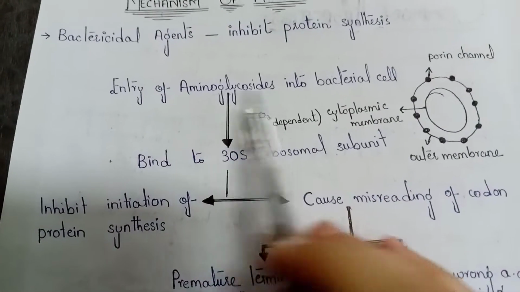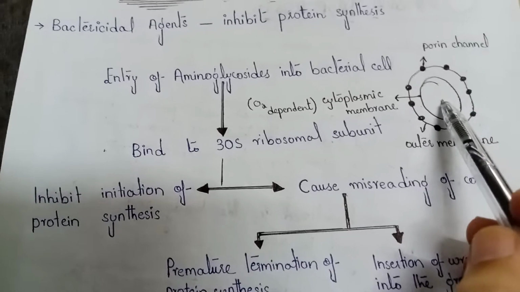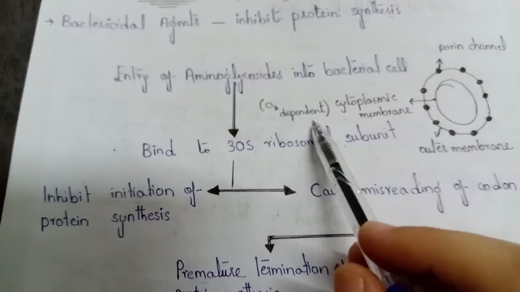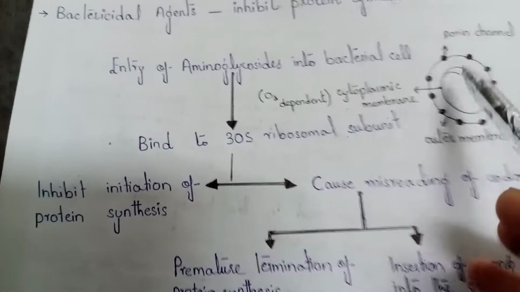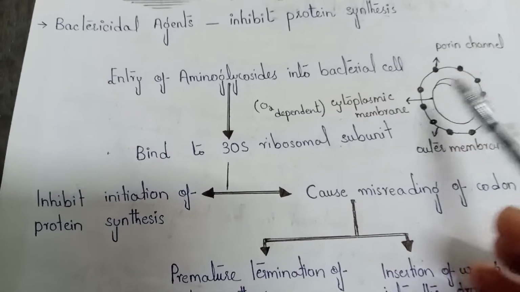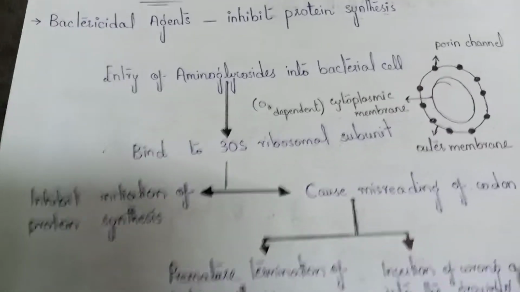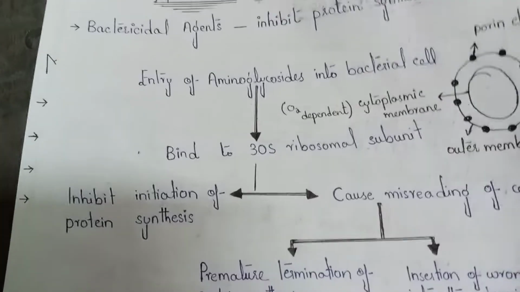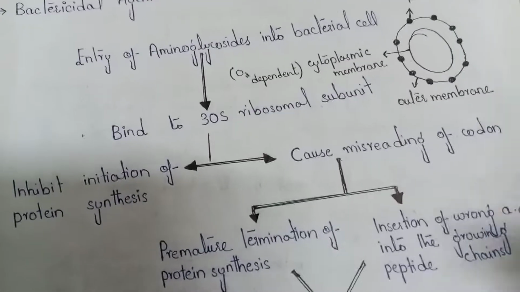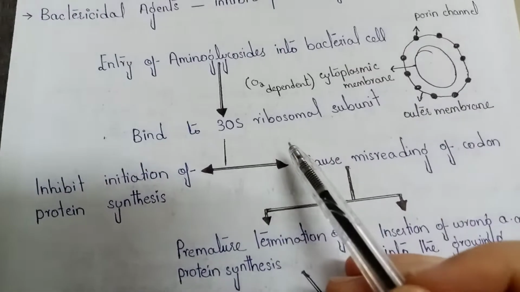Okay, now moving on towards the mechanism of action. They enter into the cytoplasmic membrane, and for their entrance oxygen is required. Once they enter the cell, they bind to the 30S ribosomal subunit. Some antibiotics bind to the 30S, some bind to the 50S. How are you going to remember that?